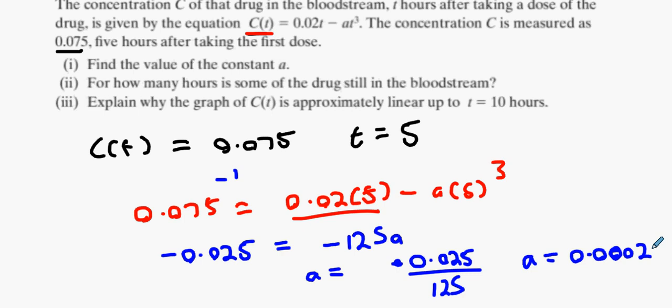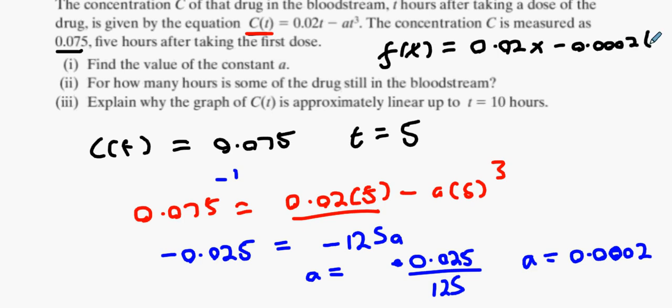For how many hours is some of the drug still in the bloodstream? What's the easy way to figure out a ballpark range of where you're at? Use the f of x function, and what are we going to say? 0.02x minus, and A is 0.0002, x cubed. I can lob all that into the calculator really quickly.